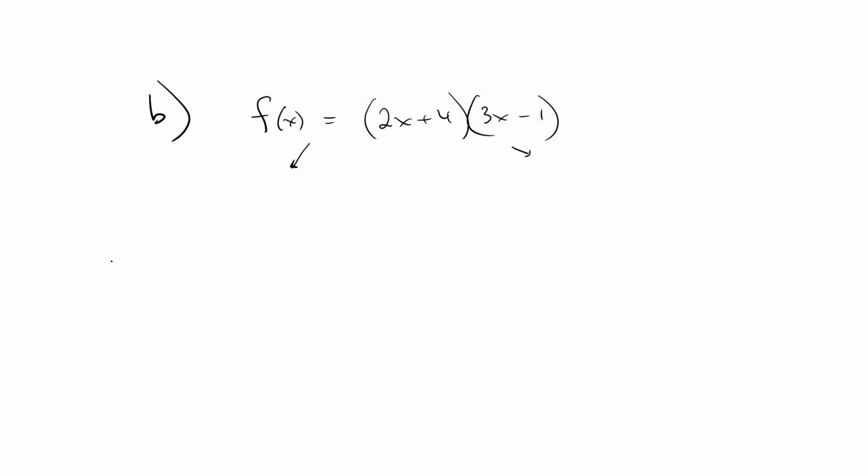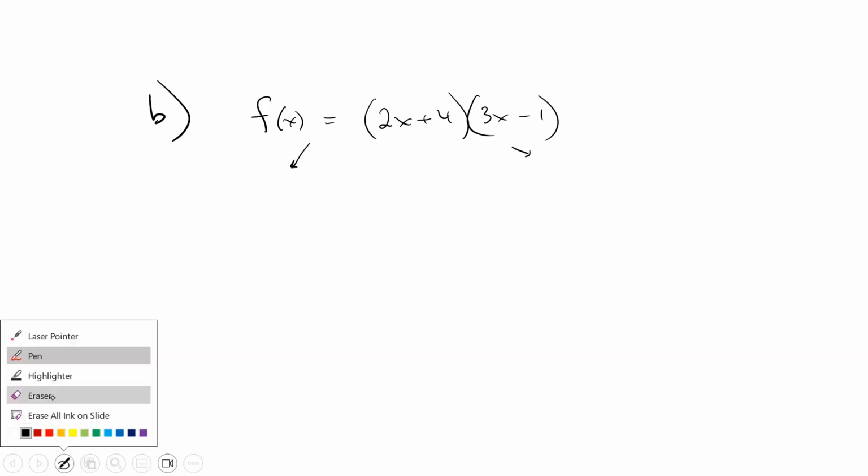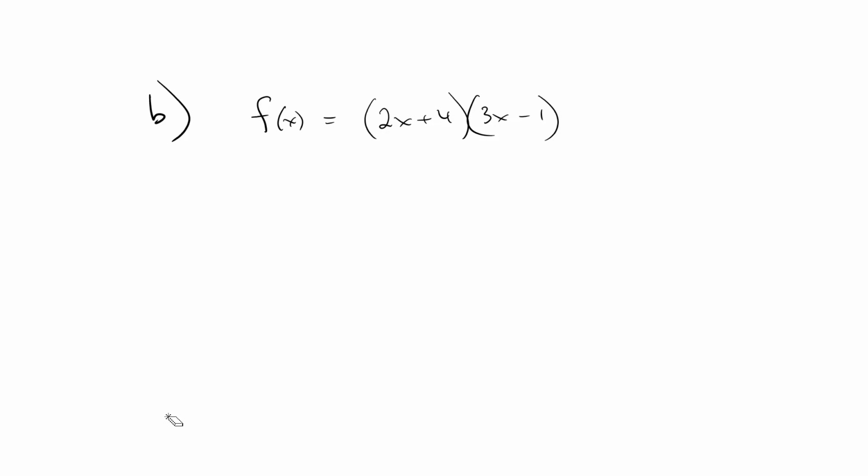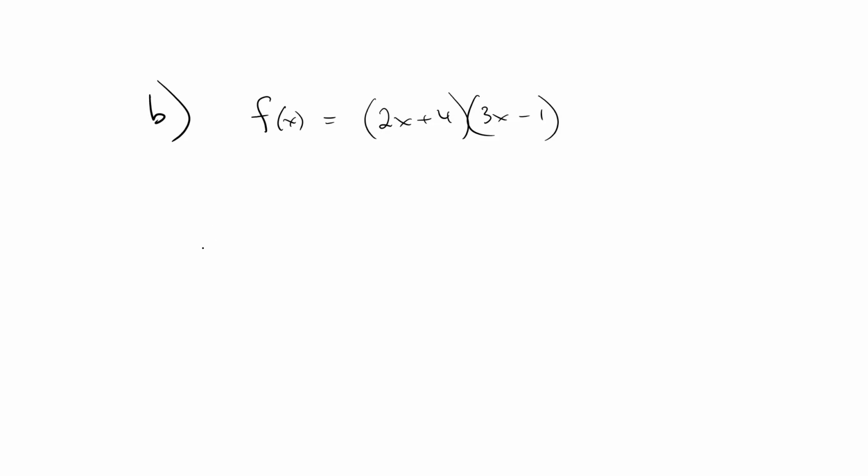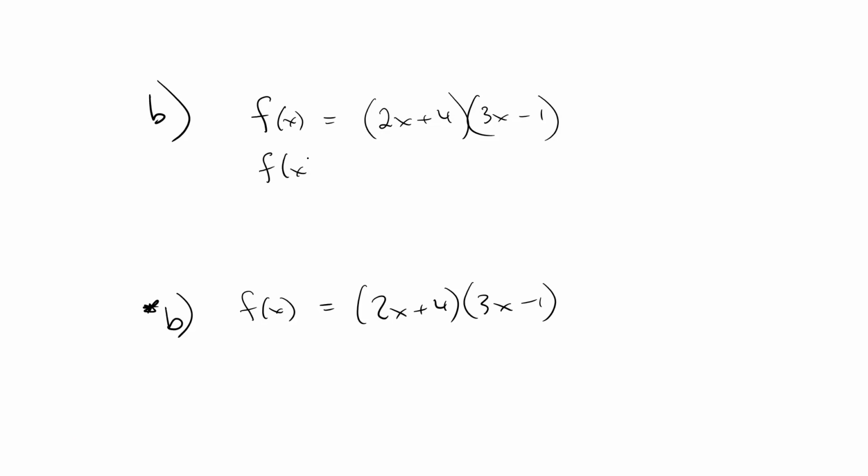So first things first, in fact, that's probably easier to do it like this. We're going to do B, and then we're going to do a star B. I like star B. So basically, we're doing the exact same problem, just a different way. That's all. So first, before we do anything else, I'm going to multiply this out.